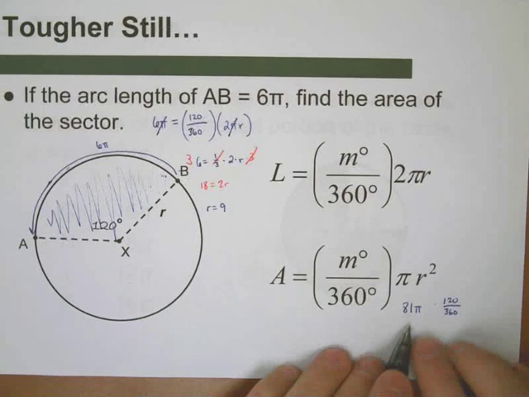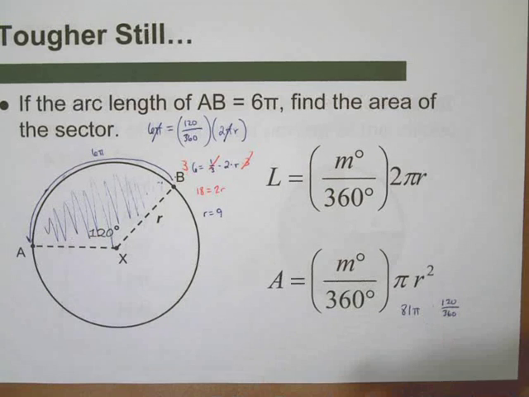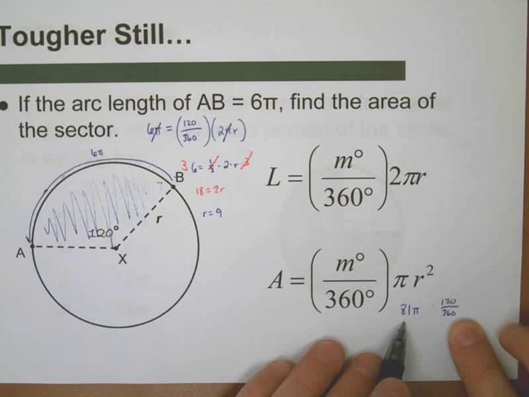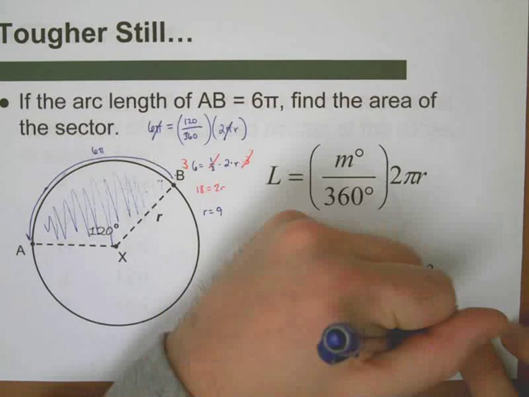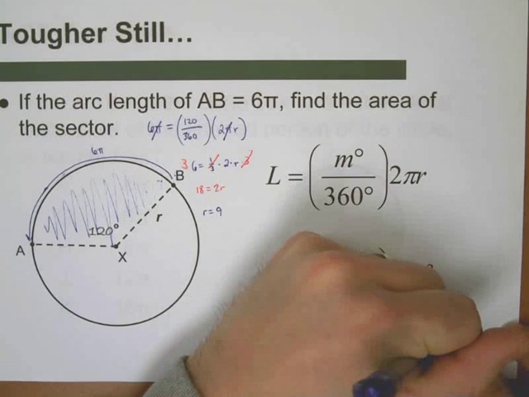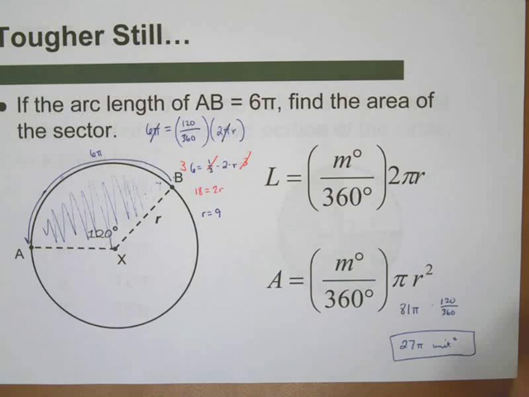So let's take the full area and multiply it by 120 over 360 to find which portion of that 81 pi we're talking about. If I simplify everything but the pi, this is 1/3. 1/3 of 81 is 27. That's what a calculator is for. So the portion is going to be 27 pi square units.